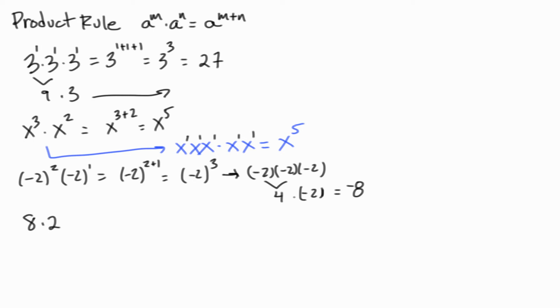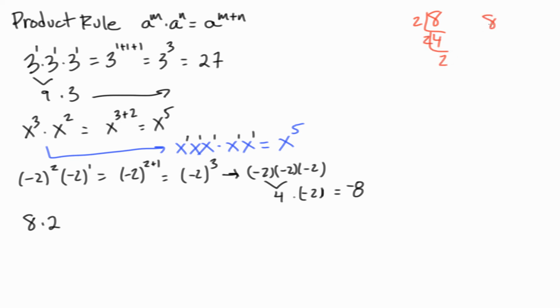I have a great video on how to break numbers into their prime factorization. So I'm going to go over here on this side. I'm going to say 8, and I'm going to break down 8 into its factors. So I know 2 goes into 8 4 times, 2 goes into 4 2 times.